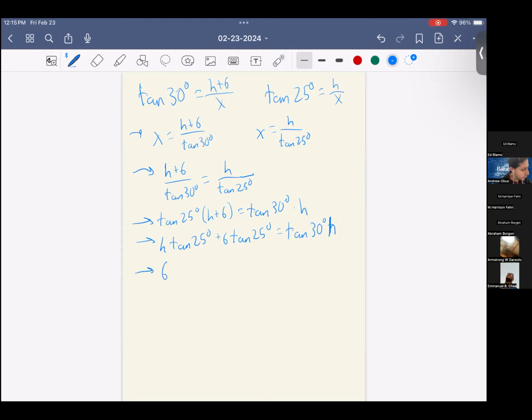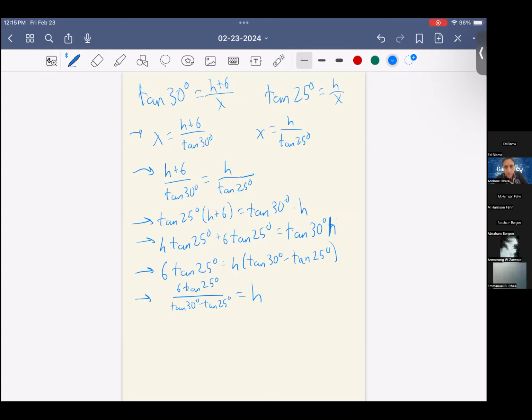This gives us 6 times tangent of 25 degrees equals h times tangent of 30 degrees minus tangent of 25 degrees. So 6 tangent of 25 degrees divided by tangent 30 degrees minus tangent 25 degrees equals h.